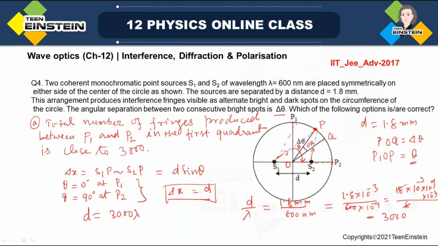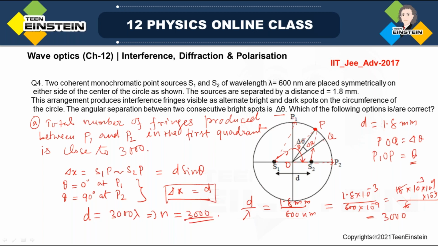Because the two extreme points have path difference d. You look here, we have got already d sine theta is equal to n lambda, so sine theta is 90 degrees, that's why I'm writing d is equal to n lambda. So from here we can find out what is n, because d is already found out. d is equal to the path difference anyway, so d is equal to n lambda. Okay, so what is n?